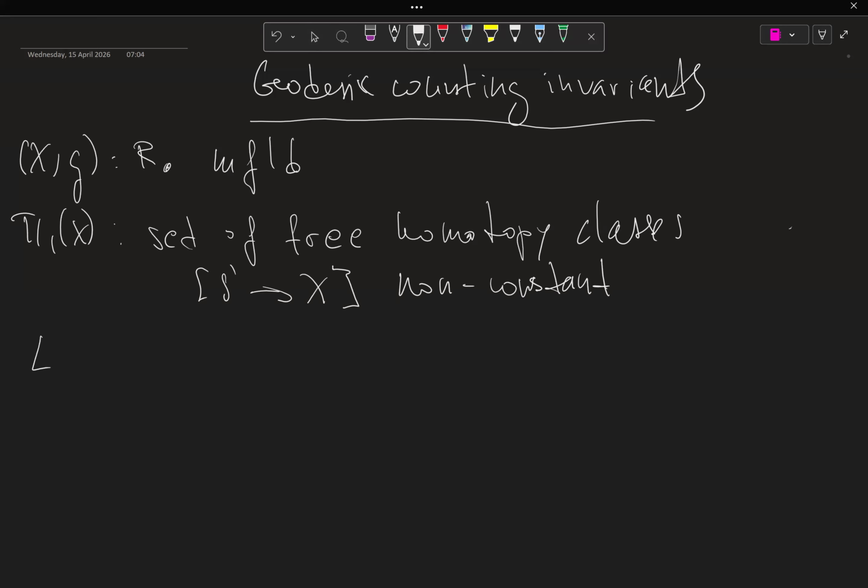And L_β X, the free loop space in class β. Then we have the S1 quotient.